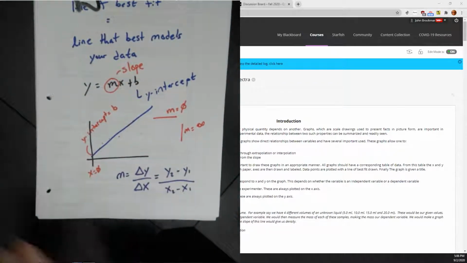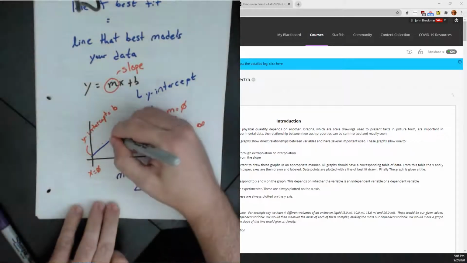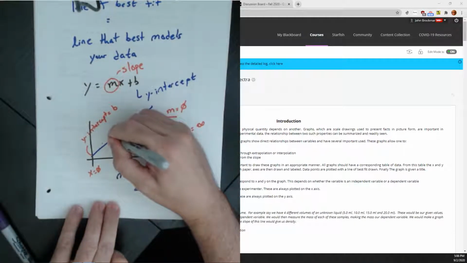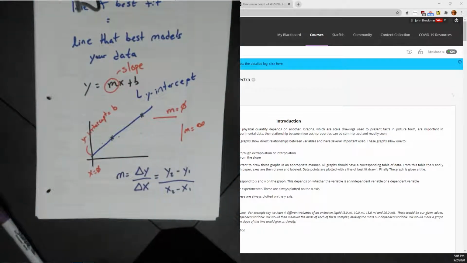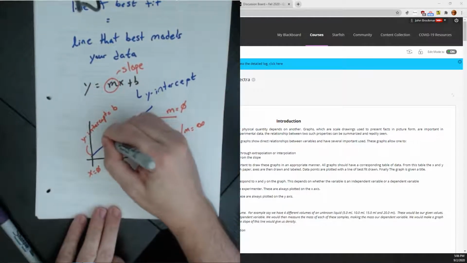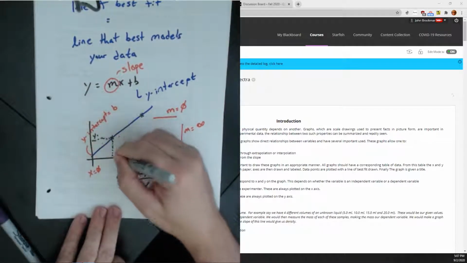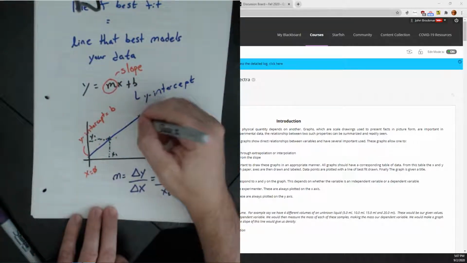So you're going to pick 2 points on your line. Okay? Any 2 points. It's a perfectly straight line, right? So that means that any 2 points should give the same slope. Okay? And then from those 2 points, you are going to find y1 and x1, okay, the x value and the y value of that point.